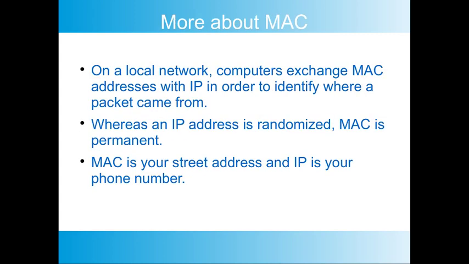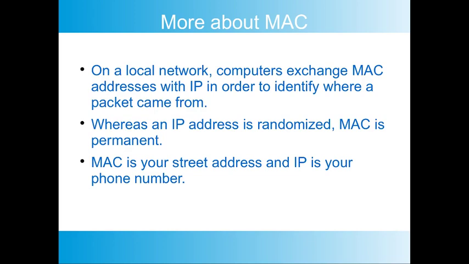So on a local network, computers exchange MAC addresses with IP in order to identify where a packet came from, whereas an IP address is normally randomized. The MAC actually is permanent. If you think of MAC and IP in terms of housing and phone numbers, your MAC would be your street address.